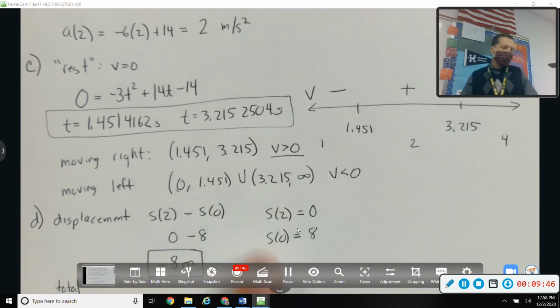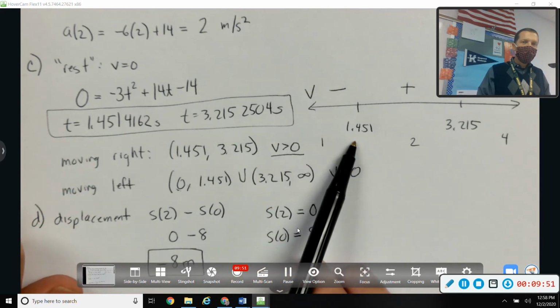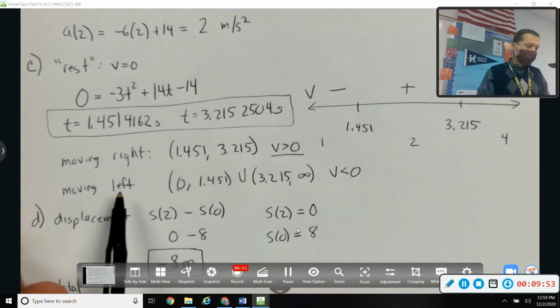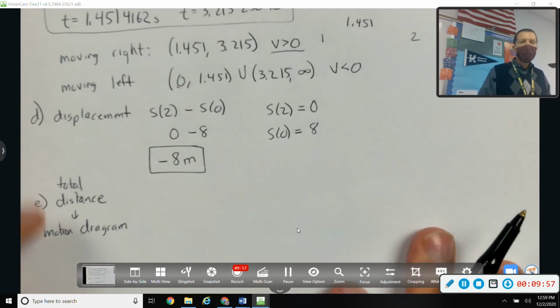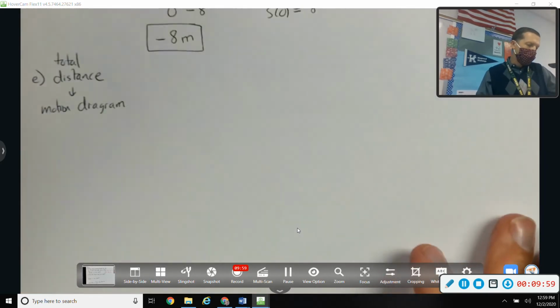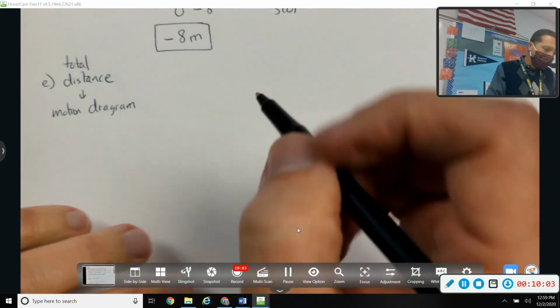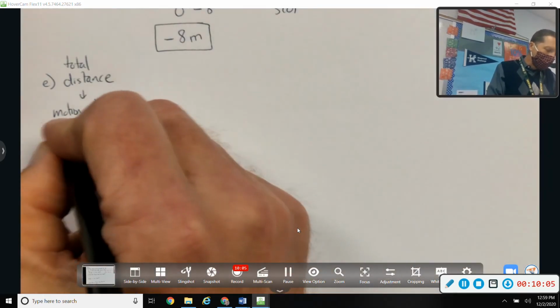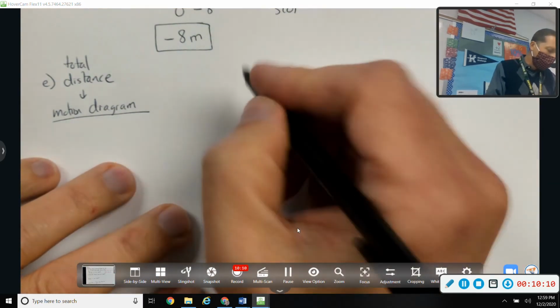I meant like for the right and left. Yeah, you're right. The motion diagram would help me answer moving right or moving left. So whichever one you did first would help you do the other one. Although, I guess you can't avoid doing a motion diagram because we've got to get those measurements for how far we went.